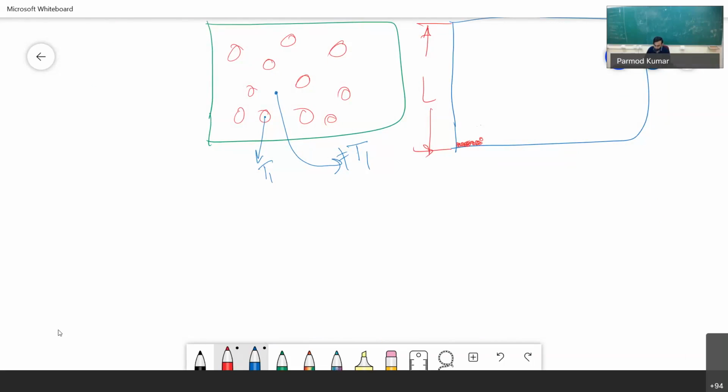Basically, when we write the conservation, either we say that our system is mass conserved, or we can say we have a fixed volume. In the case of a fixed mass system, whatever mass we have will not change. However, in the other type of system, because we have inflow and outflow of mass, the mass of the system will depend on whether inflow is more or outflow is more.